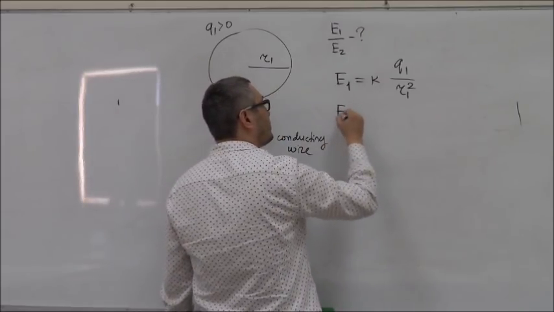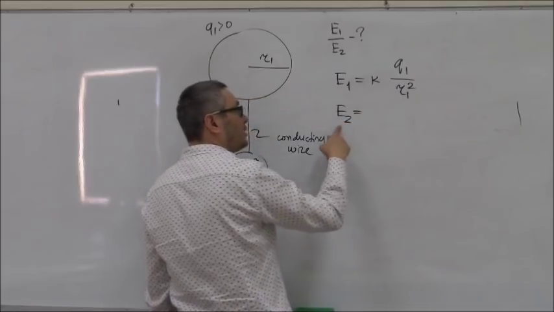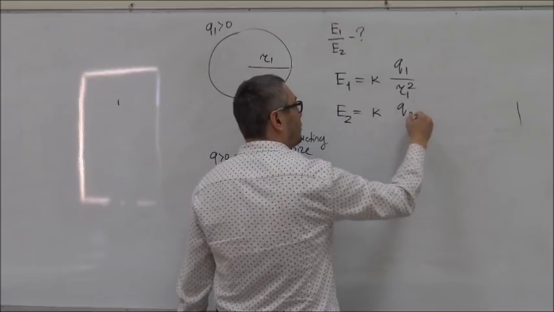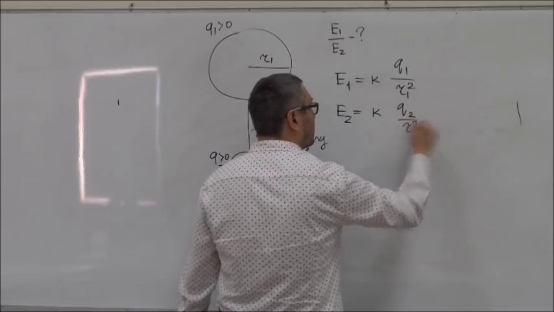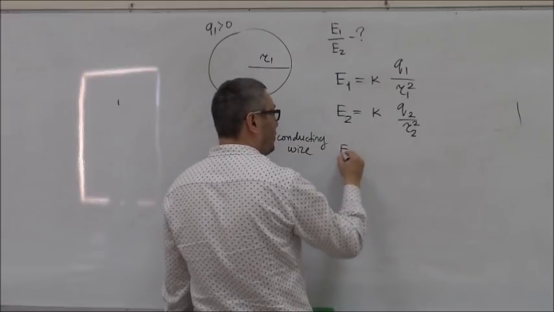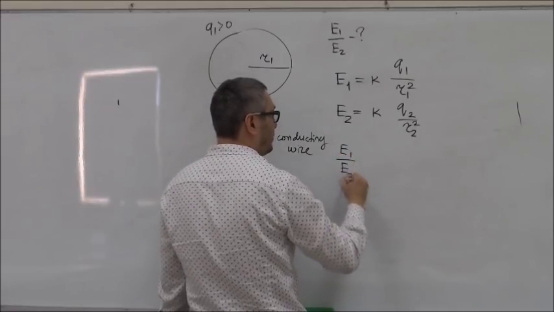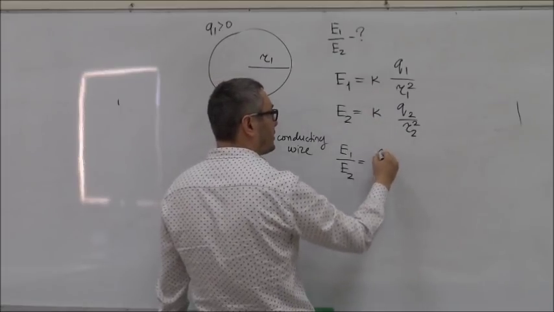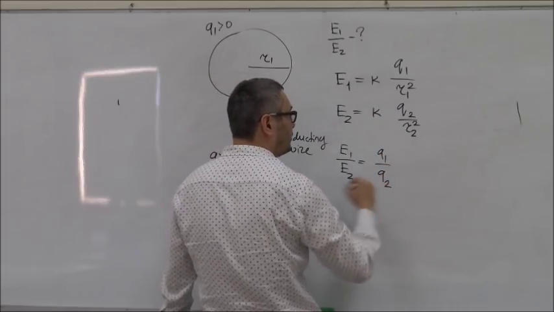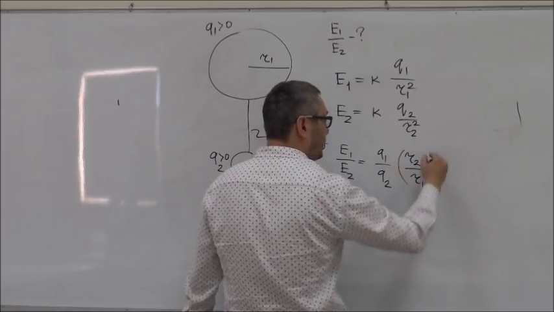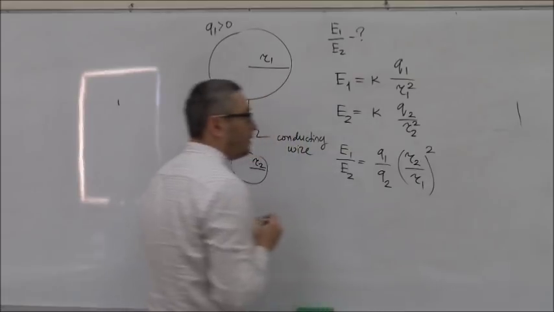So we can say E2, the electric field on the surface of the second sphere, is equal to kq2 over r2 squared. So let's take the ratio of the two. E1 over E2 is equal to, well, k will cancel out, so you get q1 over q2, times r2 over r1, squared.